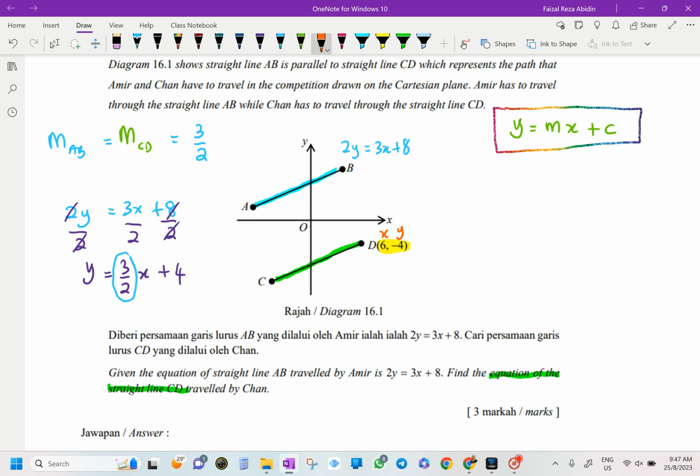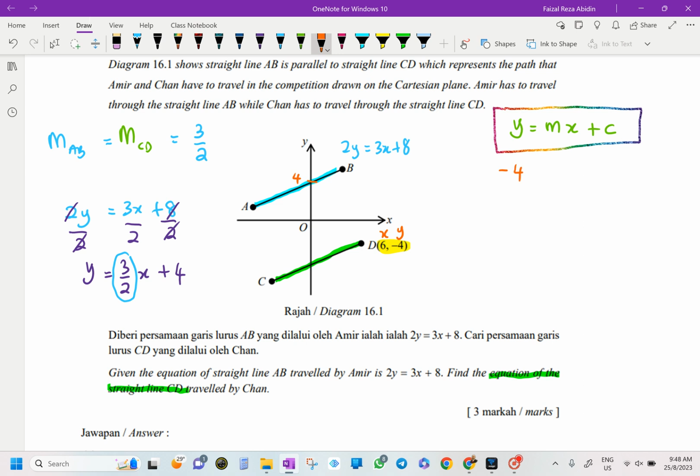Yes, to find C. You are not going to take 4 as the y-intercept for the equation of straight line CD, because 4 is the y-intercept of AB. You are going to substitute the coordinate there. So y is going to be negative 4.